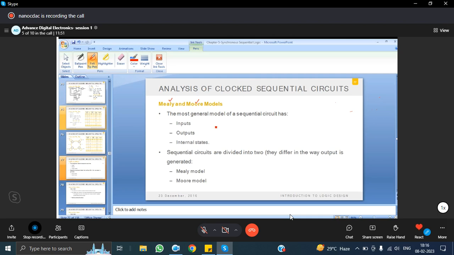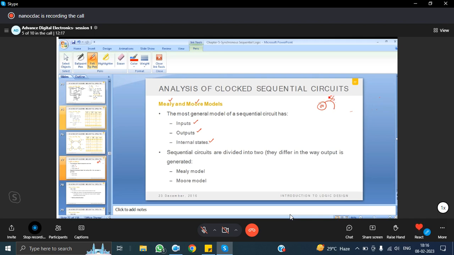Okay. So any sequential circuit has inputs, outputs and internal state. There is an input, there is an output, and which state it is currently in, for example 00, 01, 10. That state will be there, and input will be there and output also will be there. Okay, this is your input and this is your output.